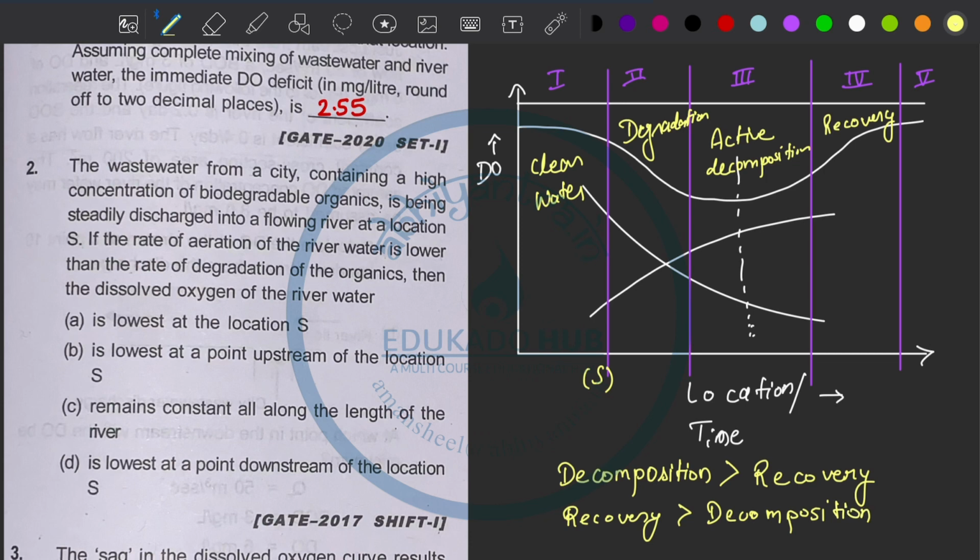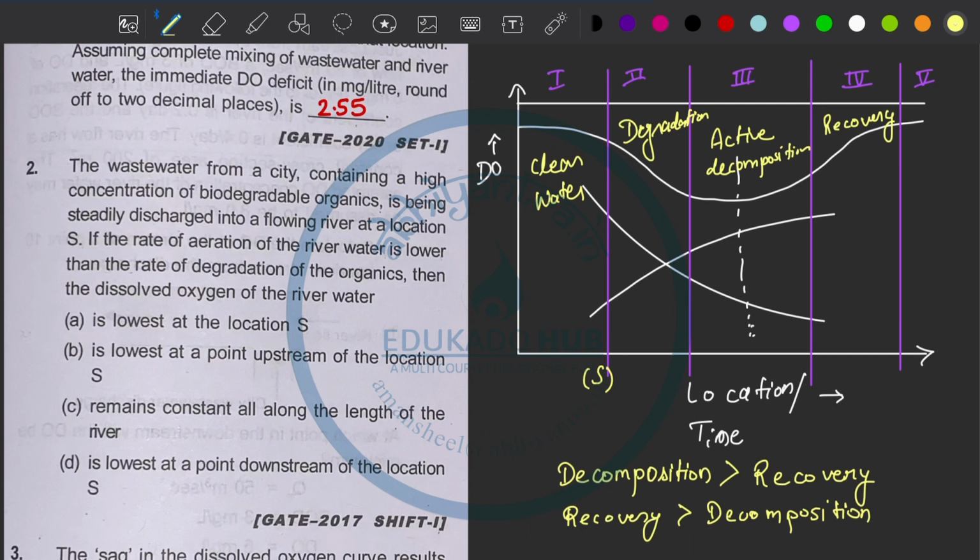Okay, so what we can say is, for dissolved oxygen, the location is S, where they have mixed the discharge. If the rate of aeration of the river water is lower than the rate of degradation, then the dissolved oxygen of the river will decrease.